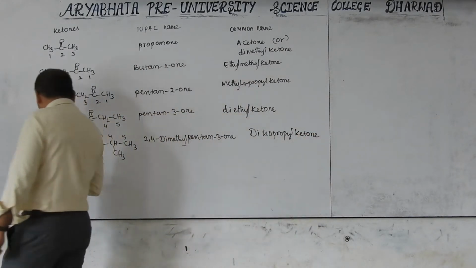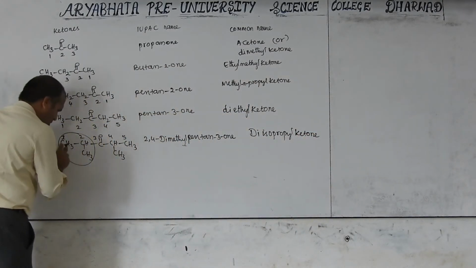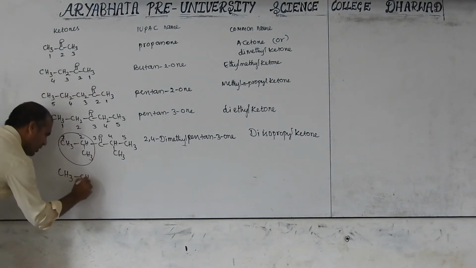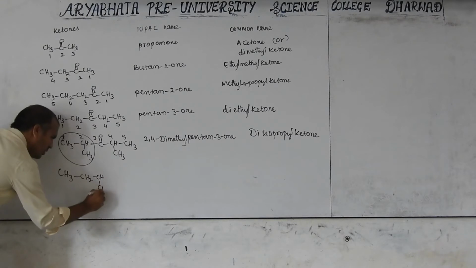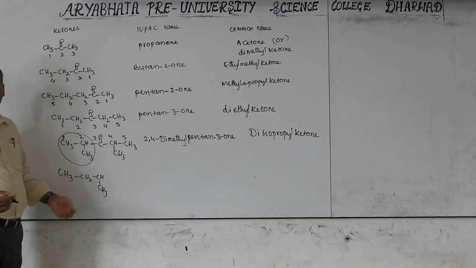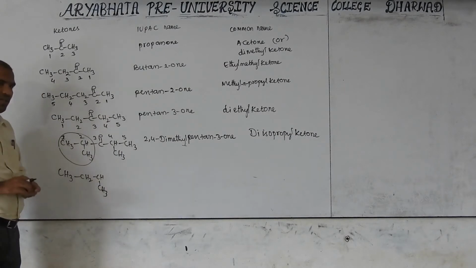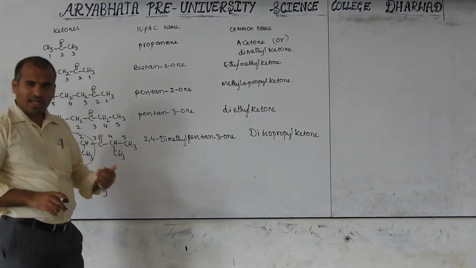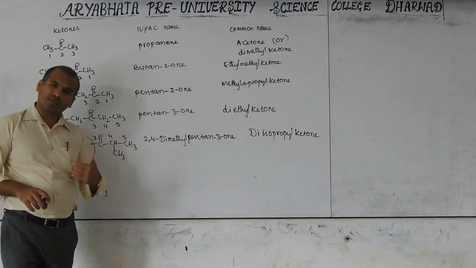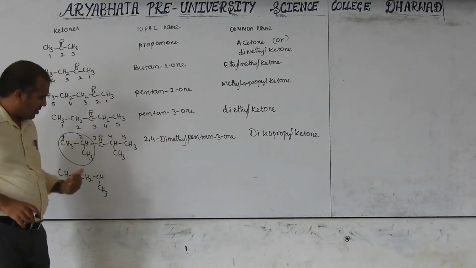Next, similarly, one more carbon will increase on this side. CH3, CH2, CH, CH3. This is what you call secondary butyl. You may have studied it in the first year: methyl, ethyl, n-propyl, isopropyl, and butyl, isobutyl, and secondary butyl.